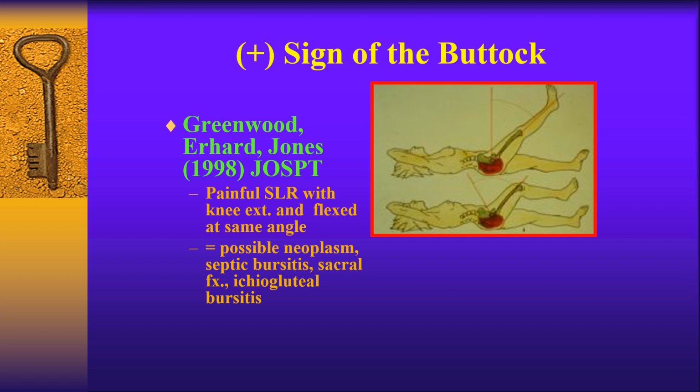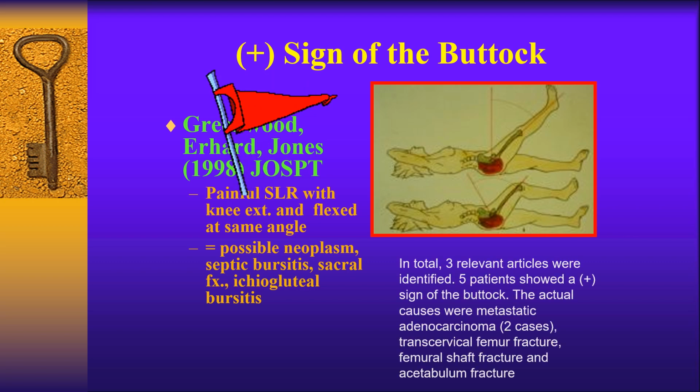I'm going to show you a video in a second. There's some thought that this may be related to bursitis or even potentially a tight hip capsule. But I have to tell you that when you start to see a positive sign of the buttock, it really means something sinister. We haven't spoken about that a lot with respect to the lumbar spine because these things are pretty rare, but we're dealing with potential cancers, infections, and fractures.